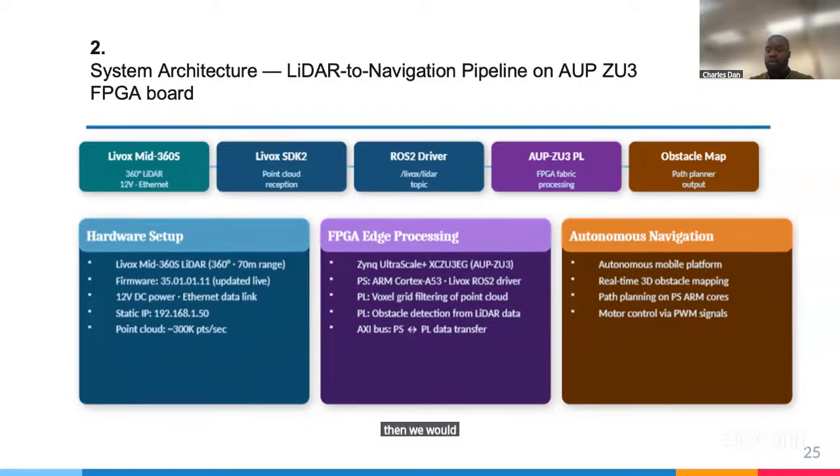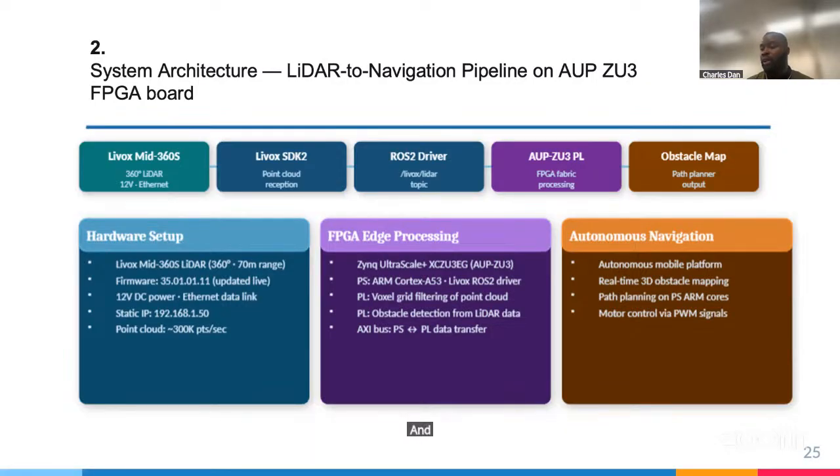Then we would also want to do some kind of edge processing, because it is very important to transfer your data right from the PS side to the PL, because you want to transfer your data or your binaries at a very fast pace.